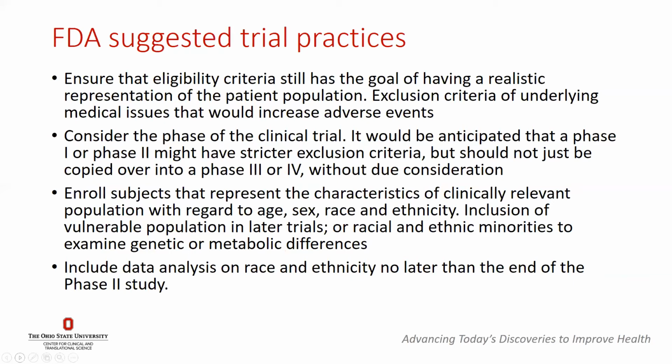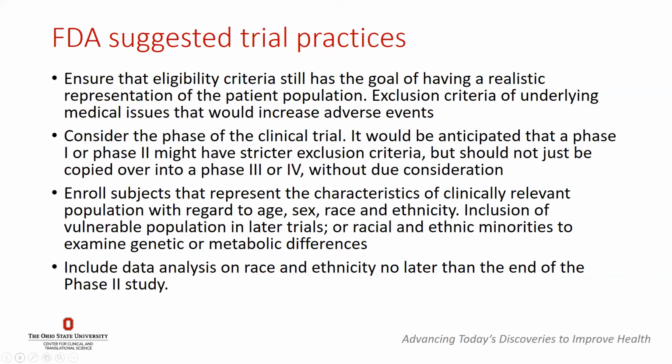So really looking at those eligibility criteria, how do they have a goal of a realistic representation of the patient population? And are they to exclude those with underlying medical issues, which could increase adverse events, such as kidney problems, as far as clearance of the drug in question?